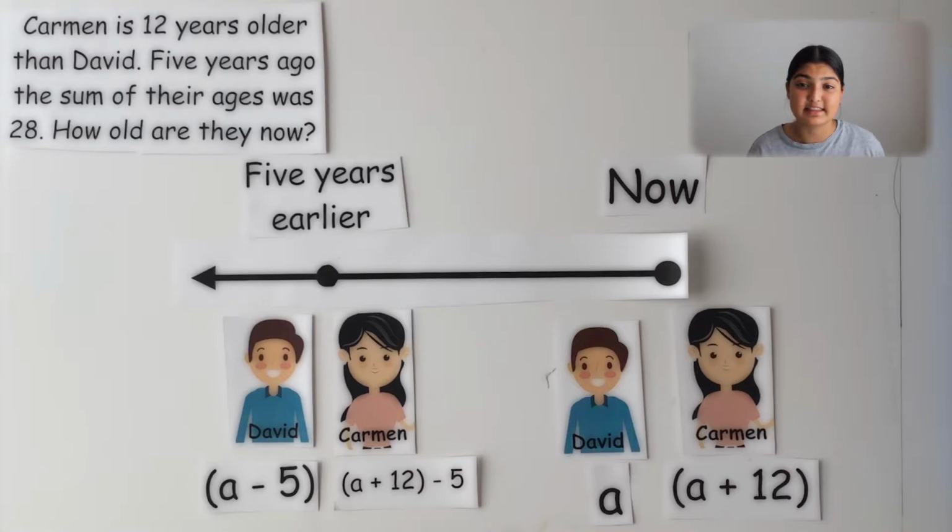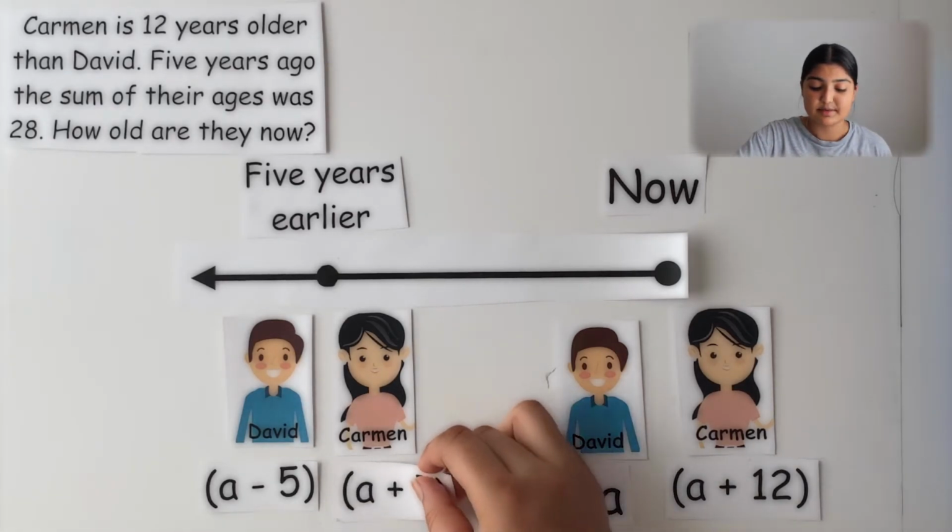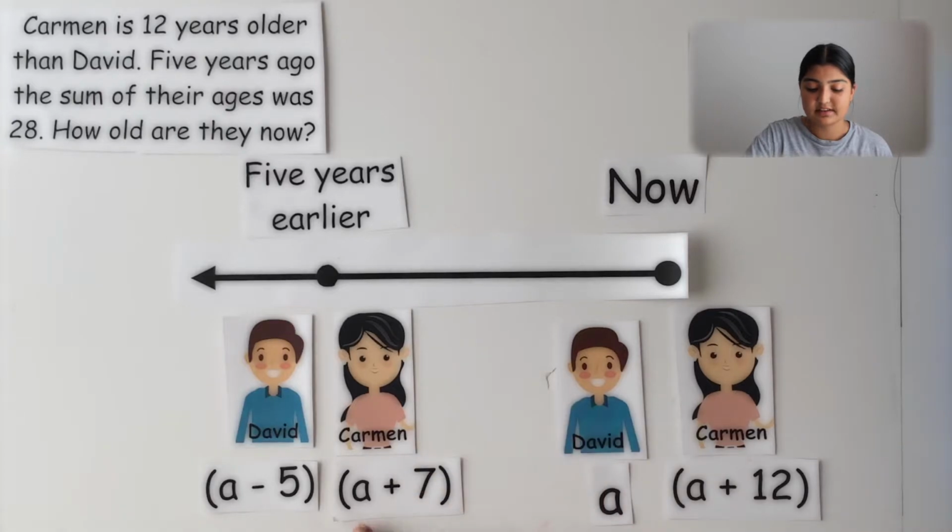We can simplify this. 12 minus 5 is 7. So, Carmen's age 5 years earlier can be simplified to A plus 7. Notice how we use parentheses around the ages.